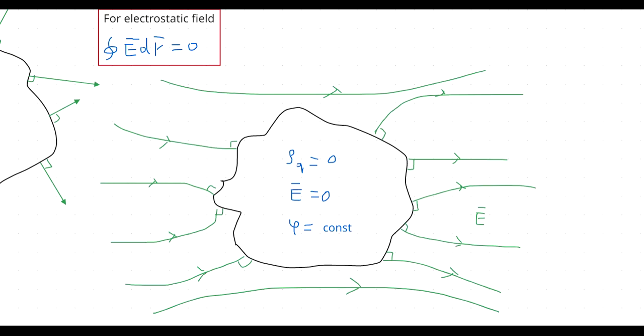And on surface, negative charges will be concentrated here according to the direction of electrostatic field, and positive charges will be here.